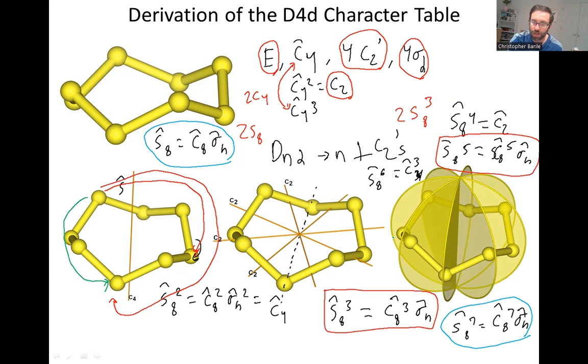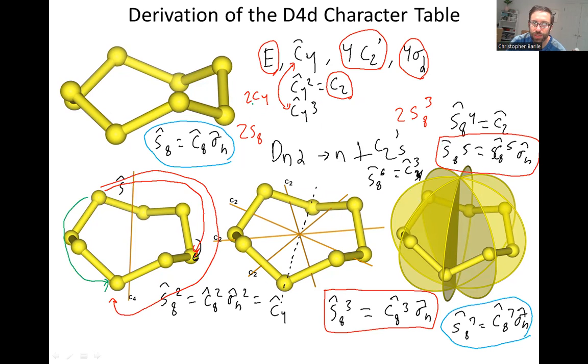So those are analogous. At this point, we've basically figured out what our symmetry operations are, and we've grouped them into classes. You can see we have 1 plus 1 plus 4 plus 4, that's 10, plus 2 plus 2 plus 2. We have 16 symmetry operations, and we've been able to group them into 7 different classes, right?